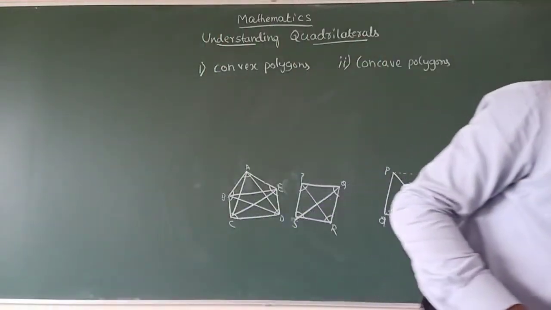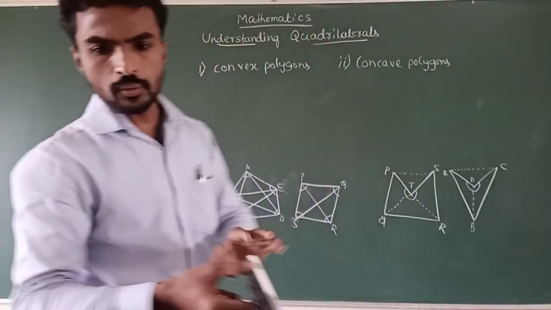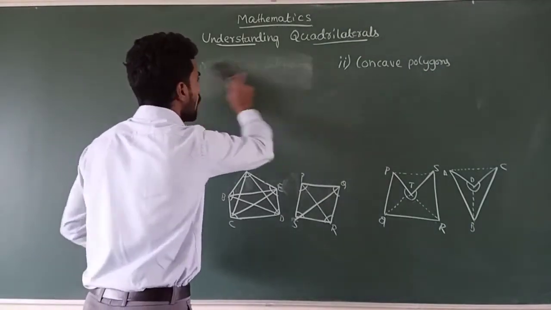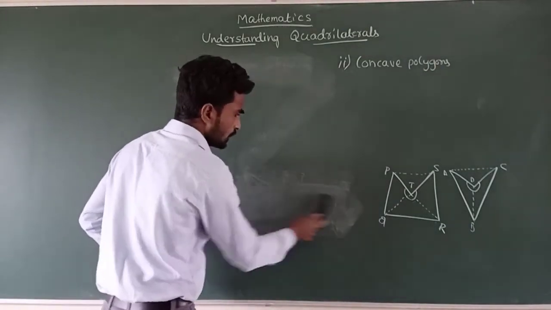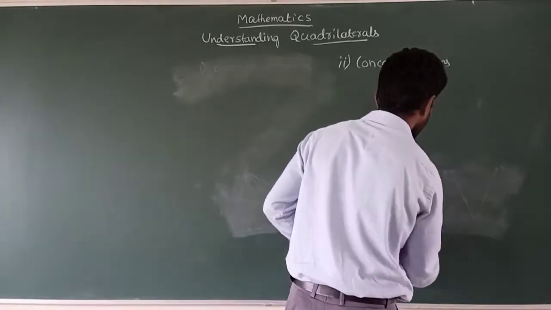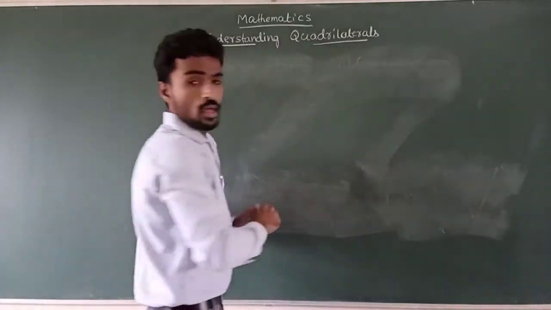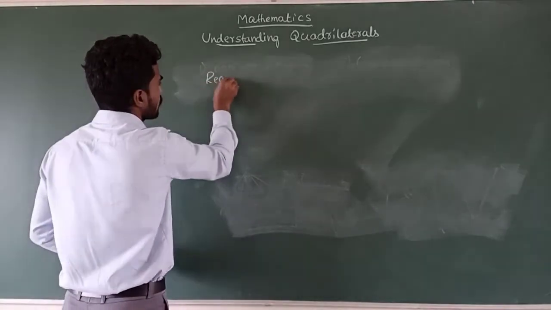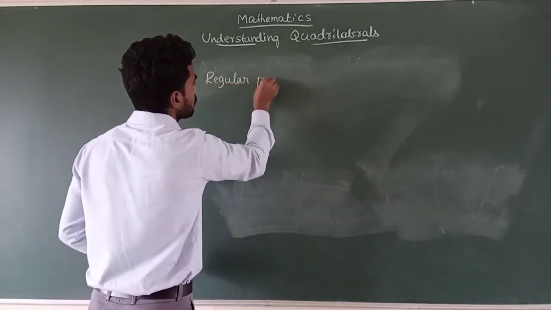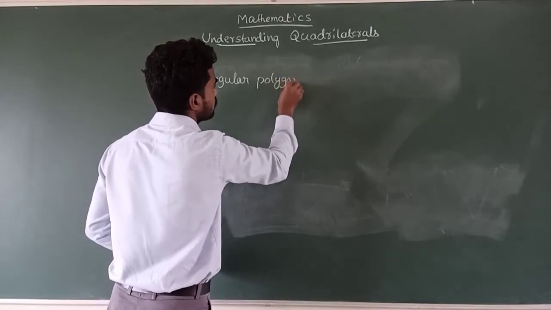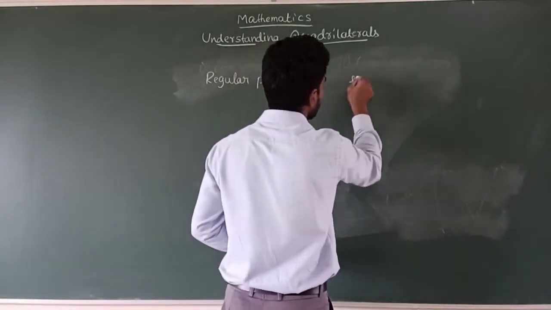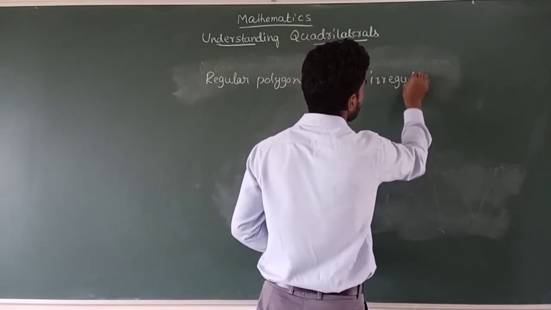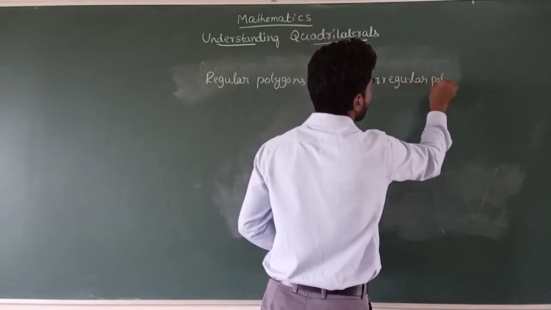Now we are going to divide polygons into another two types. They are called regular polygons and irregular polygons.